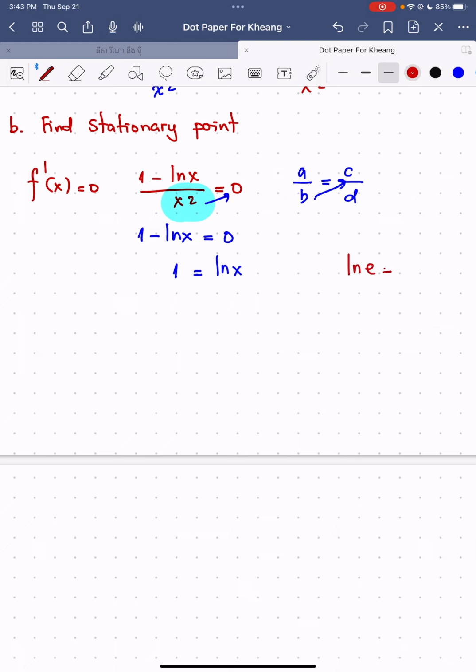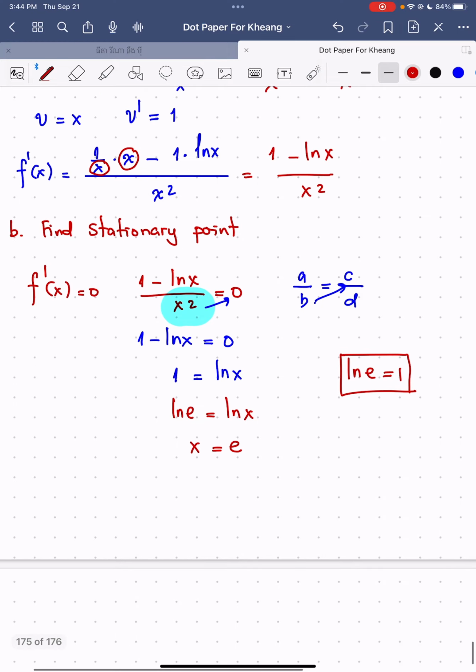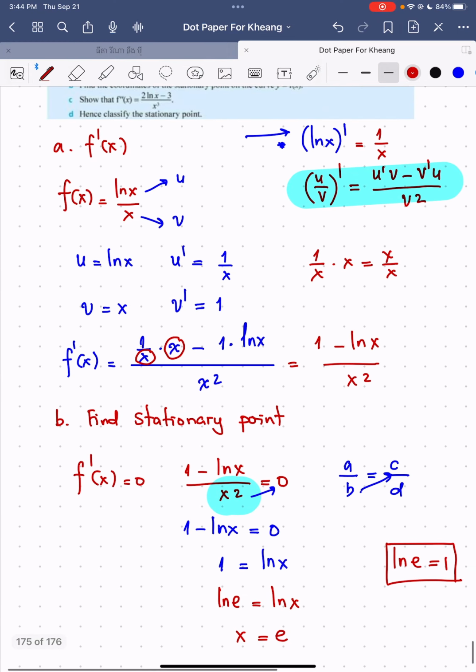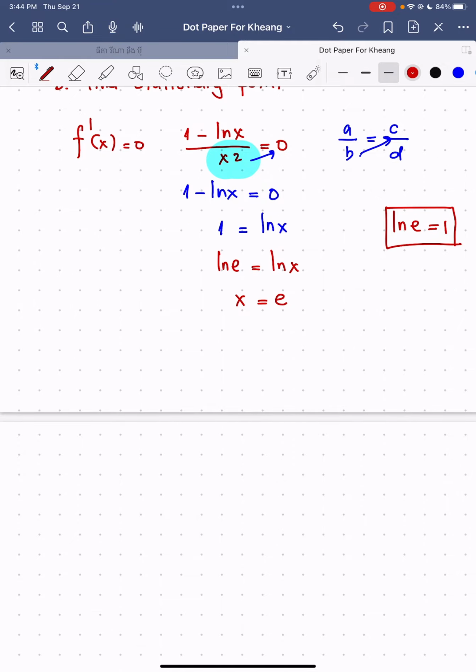ln of e equals 1, then we can say ln e equals ln x, and x equals e. Still not yet the stationary point, you can just substitute into f x. f x equals ln x over x, then f of e, because we substitute e into f x, will be ln e over e, and that will be 1 over e.